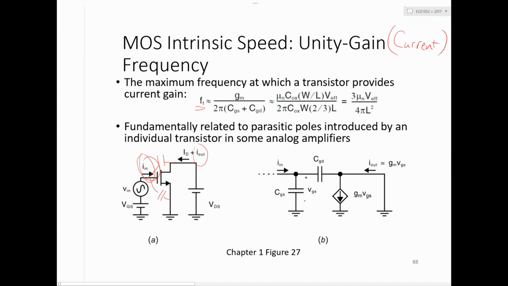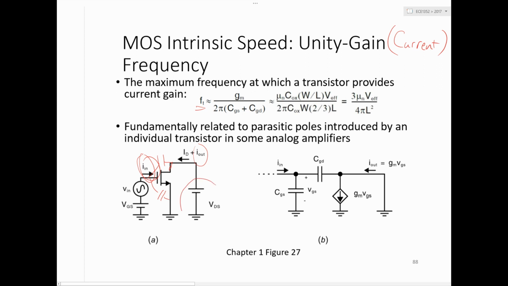So the best you can do in that regard is make the drain a small signal ground, so that you've got no funny time constant going on, no swing at the drain, right? That might create a Miller effect, for example, at the input. So the fastest case you could ever get is where the drain is at a small signal ground.